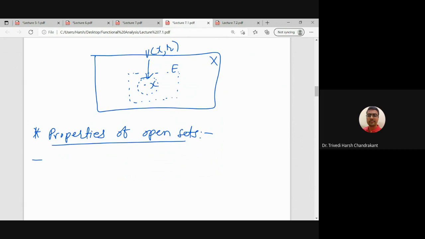What are the properties? First is phi and X. If X is a metric space, then phi and X are open sets in X.